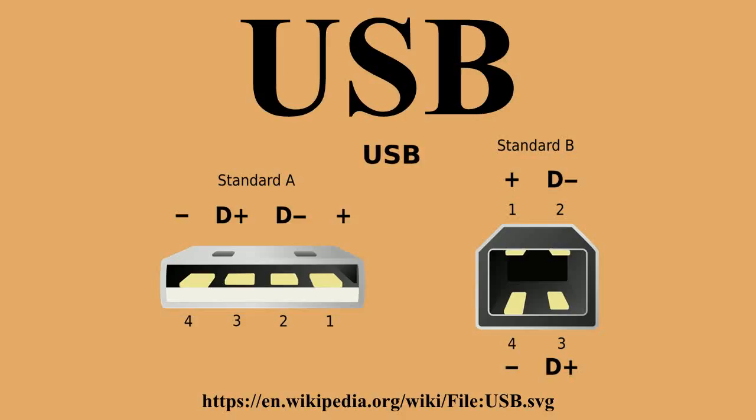In addition to baseline 900 mA, devices can either negotiate increased USB current through the configuration line, or they can support the full power delivery specification using both BMC-coded configuration line and legacy BFSK-coded VBUS line.